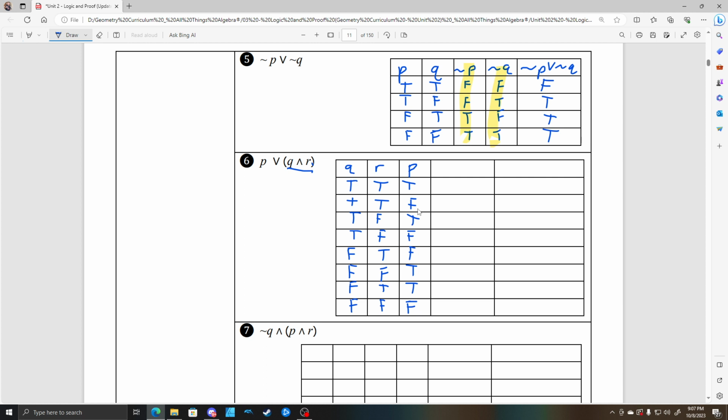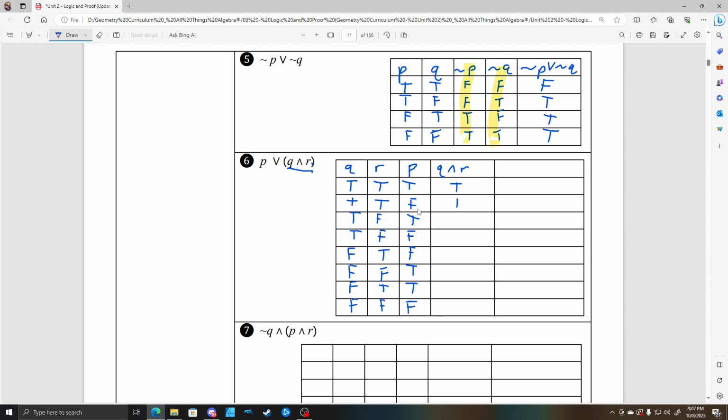So in this case, we don't have any negation, right? So we don't need to do any of the negations, but we are looking first at Q and R. So what I'm going to do is in this category here, I'm going to do Q and R, and I'm going to figure out where those are true, right? So I'm looking at these first 2 columns. So where Q and R are true, this will also work. So this is true because Q and R are true.